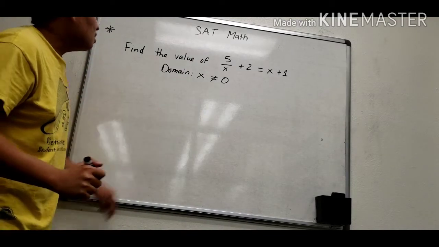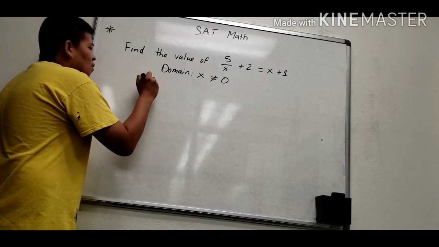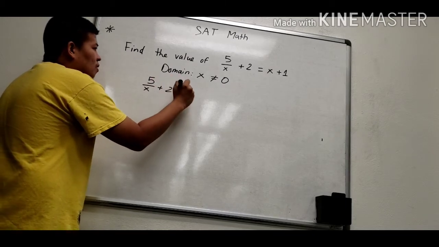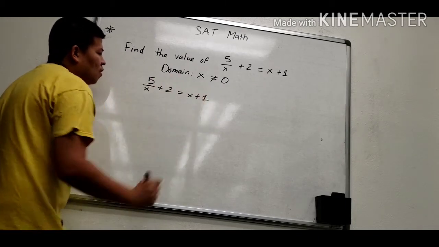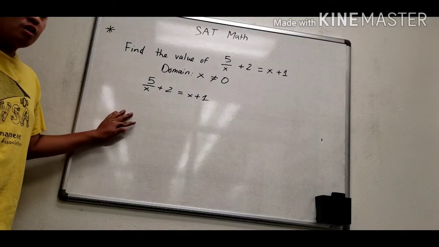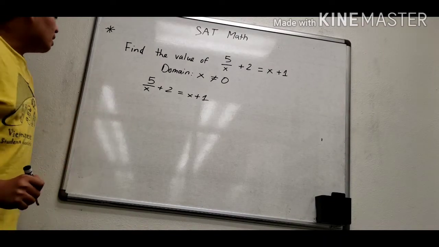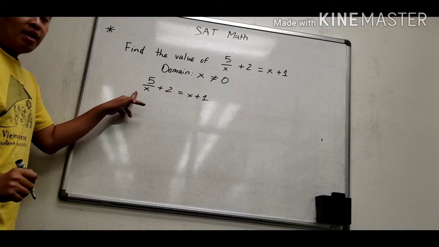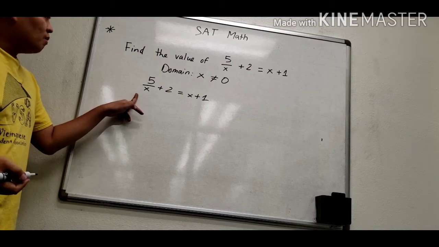We will multiply both sides by x because we want to eliminate the x in the denominator.